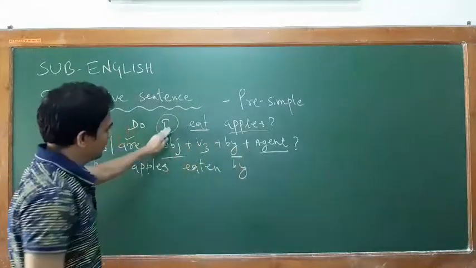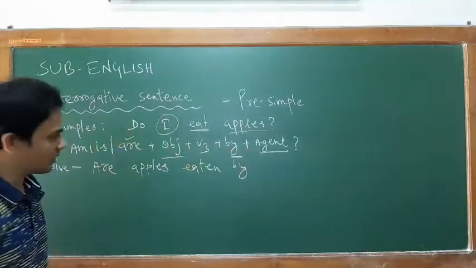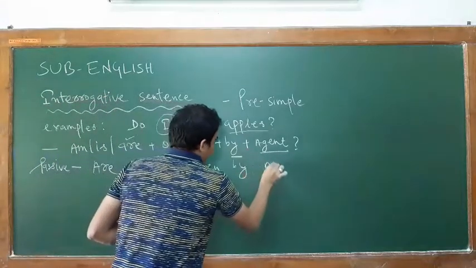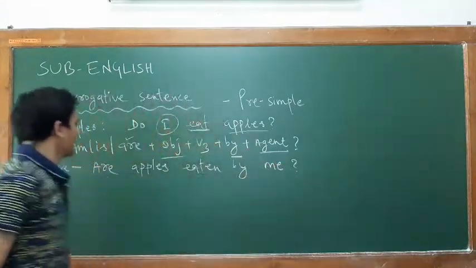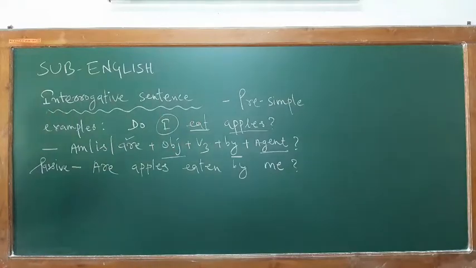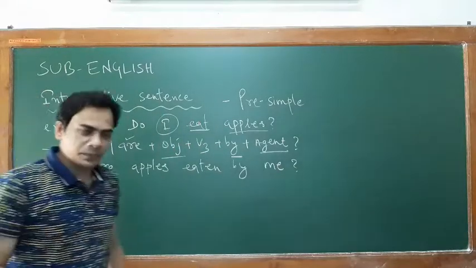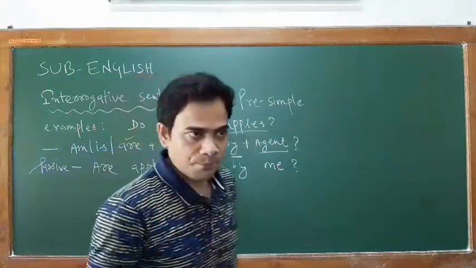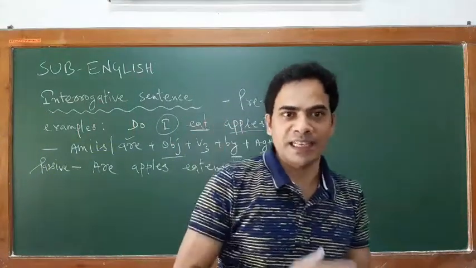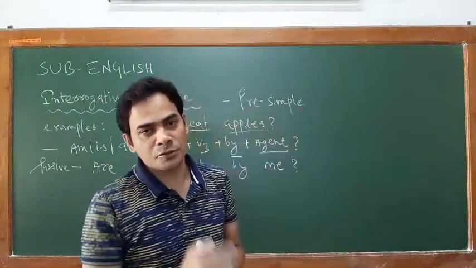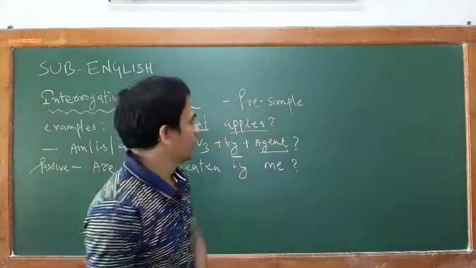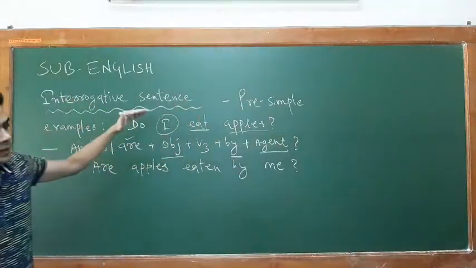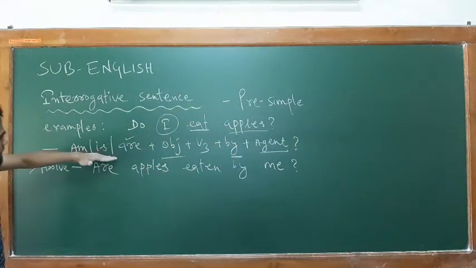So now this subject or pronoun will go to its object. So what is the object of I? Me. Question mark. So, are apples eaten by me? So this particular structure is followed while you find any sentence belonging to present simple and specifically in active form. So you can get your passive by following this particular structure.